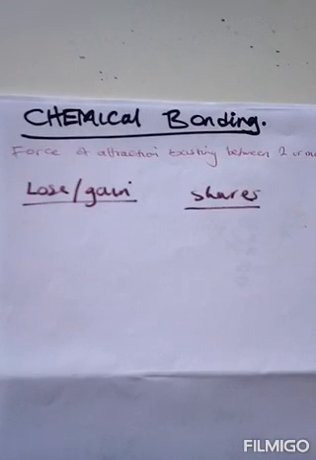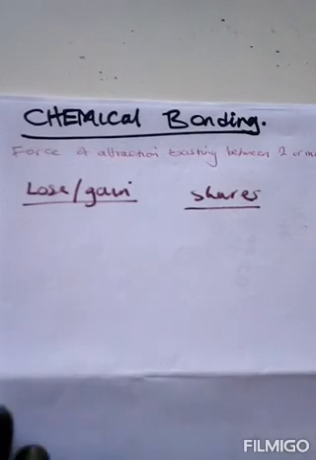So our task is to know which elements form bonds by losing electrons, or which ones form bonds by gaining electrons. From our previous topic on electronic configuration, we said all those atoms whose outermost shells contain either 1, 2 or 3 electrons will lose their electrons.